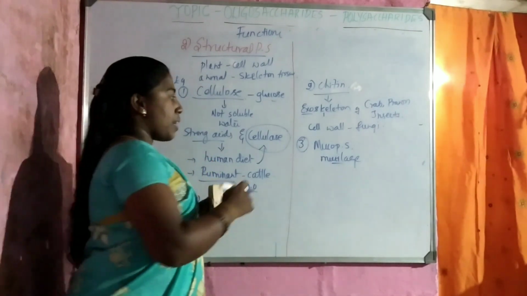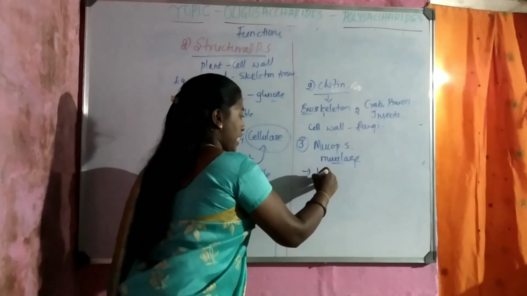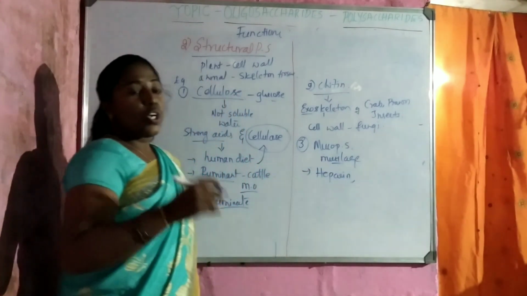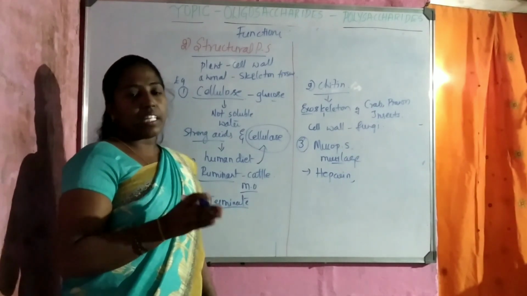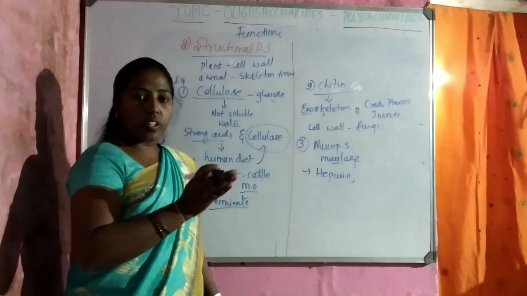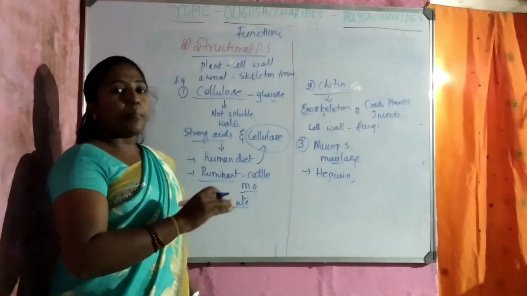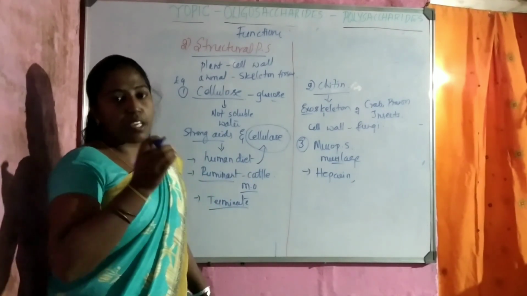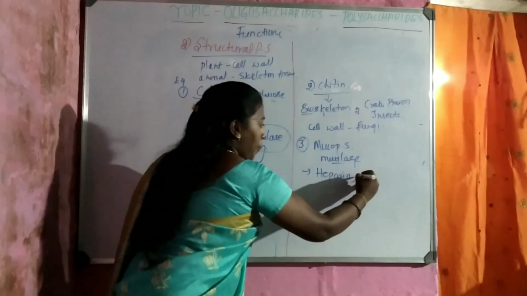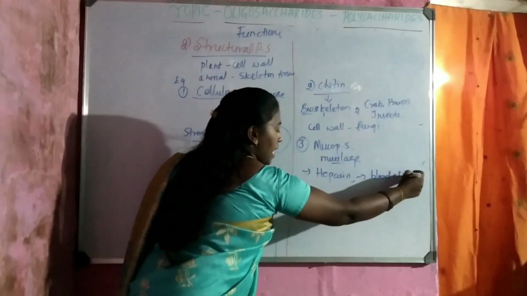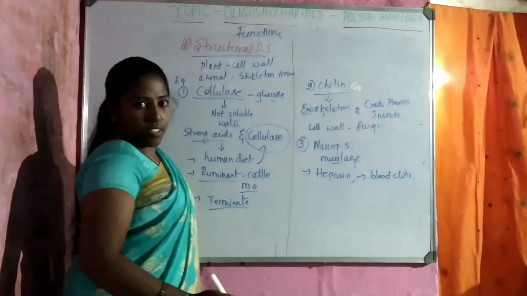For example, consider the mucopolysaccharide heparin in humans. It helps in inhibiting or avoiding the formation of blood clots inside the blood vessels. Heparin avoids the formation of what? Blood clots in the blood vessels.